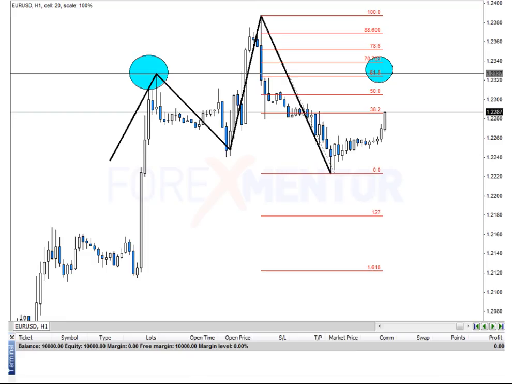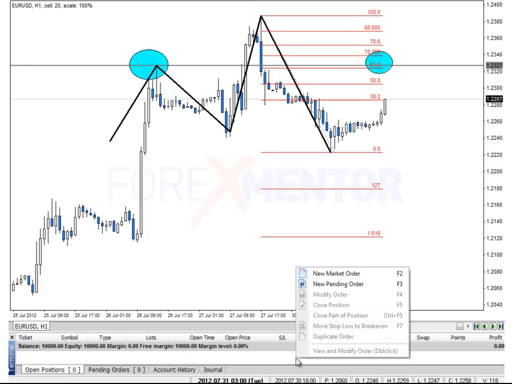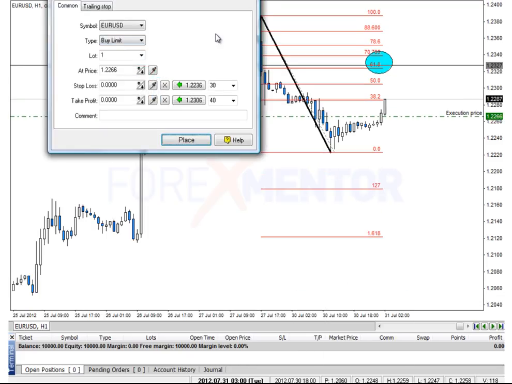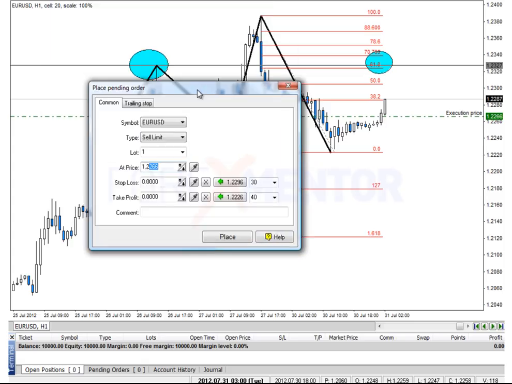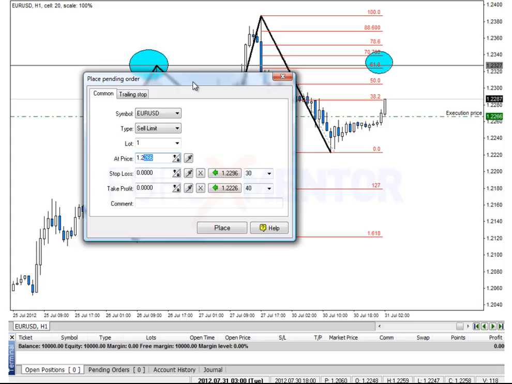If we go into our orders, new pending order, we will discuss orders in the next section where we go over specifics of entry, stops and take profits, so don't be too worried about that for now.